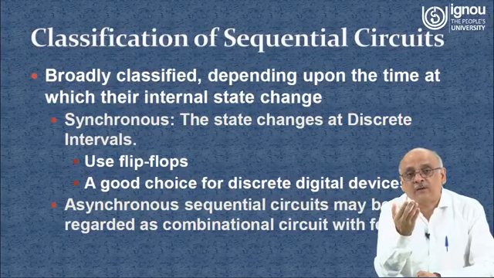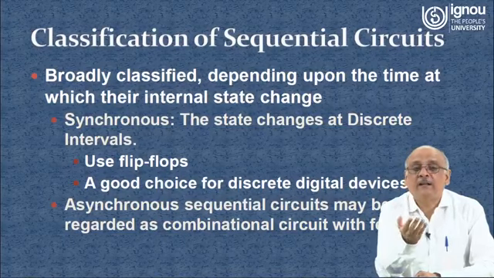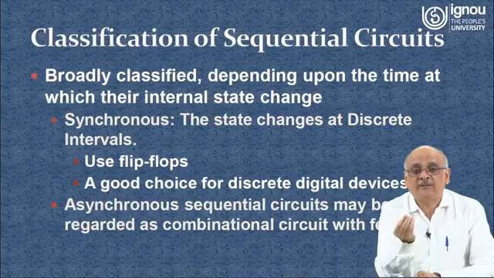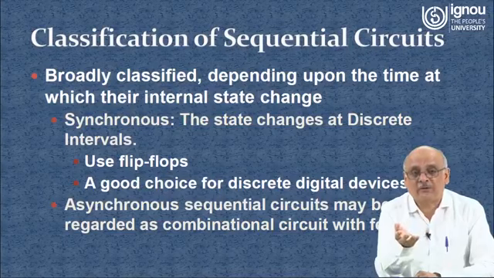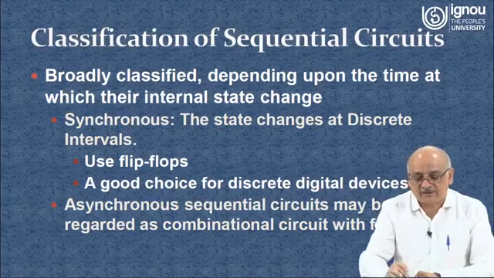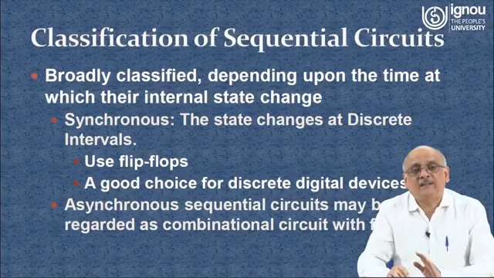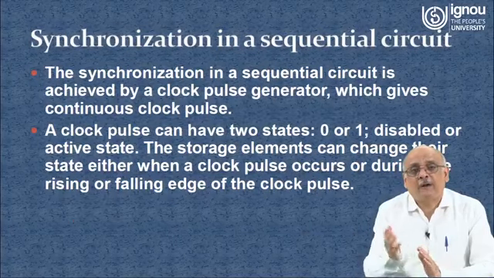Synchronous is a good choice for discrete digital devices like a computer, and that is why you will find that most of the sequential circuits which we build in a computer are going to be synchronous. Asynchronous sequential circuits may be regarded as combinational circuits with feedback, which we may not discuss here. They may be part of some different circuitry and different systems, which we are not discussing over here. We are concerned with the synchronous circuits, and that is where our flip-flop and other circuitry is going to fall.